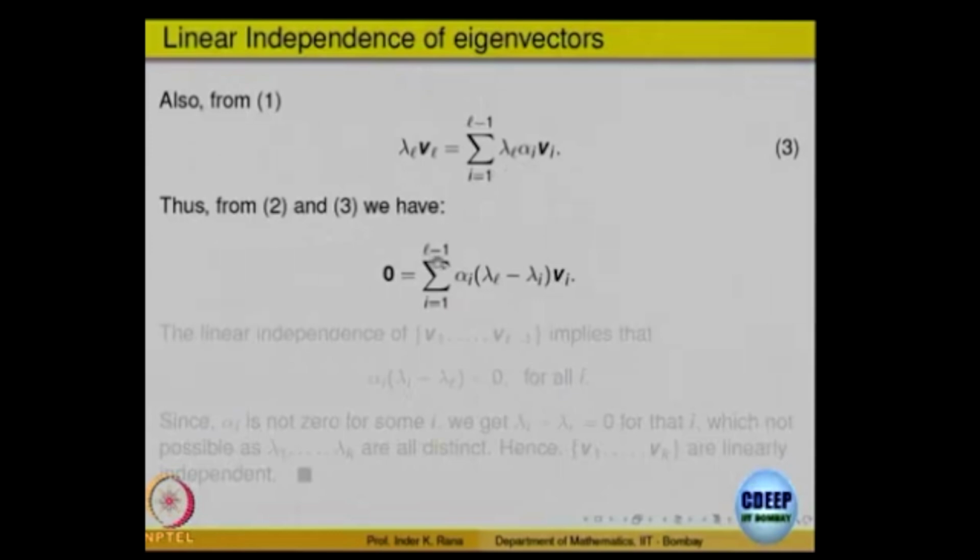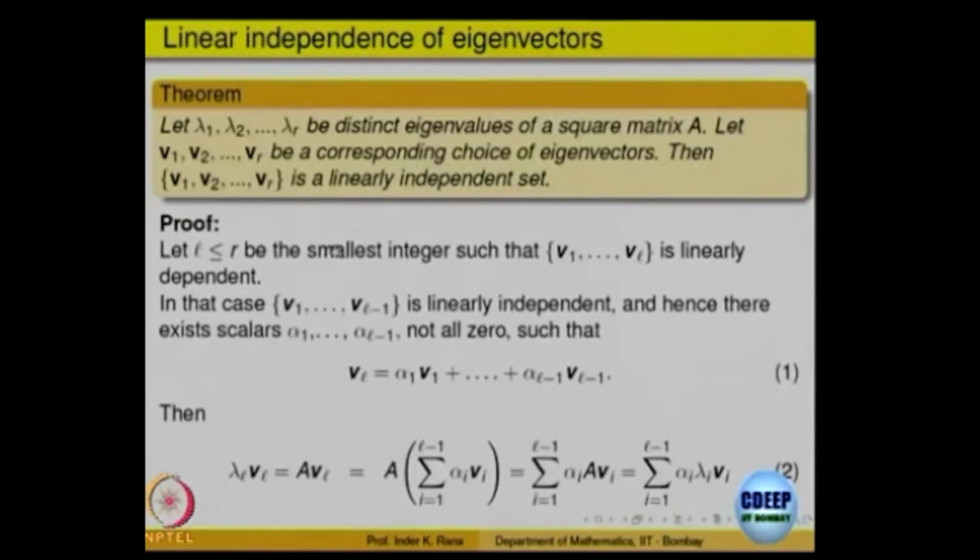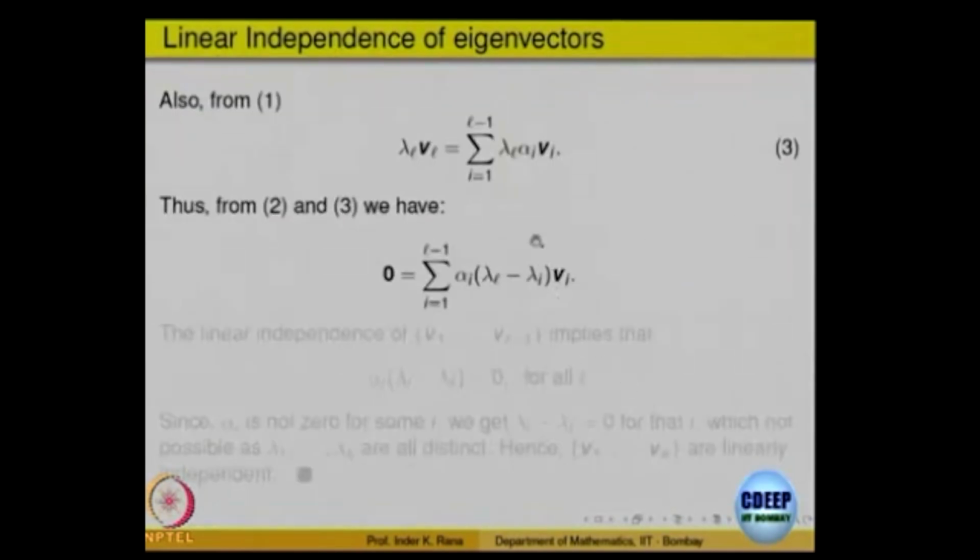From 2 and 3, if I subtract the two equations, both give me the value of lambda L VL. So subtract the two, you get 0 equal to sigma alpha i, the scalar comes out, times lambda L minus lambda i times Vi, i equal to 1 to L minus 1. That is all.